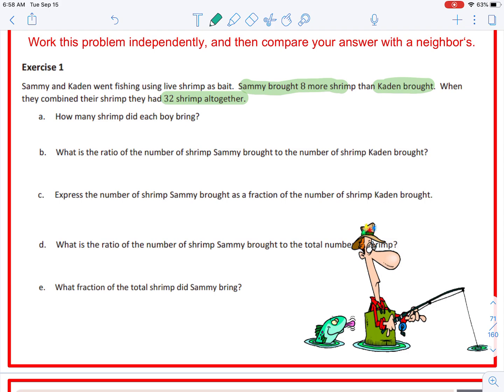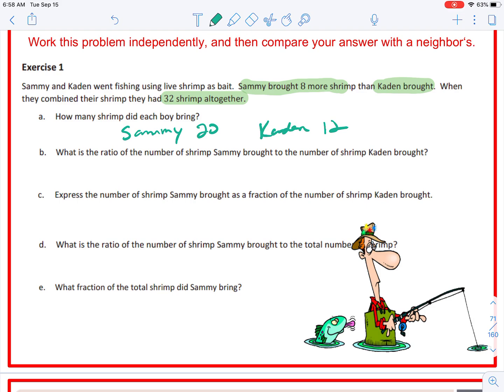So that number would have been, Sammy is 20. So if Sammy has 20, how much does Kaden have? Kaden has 12. 20 plus 12 equals 32. 20 is 8 more than 12.